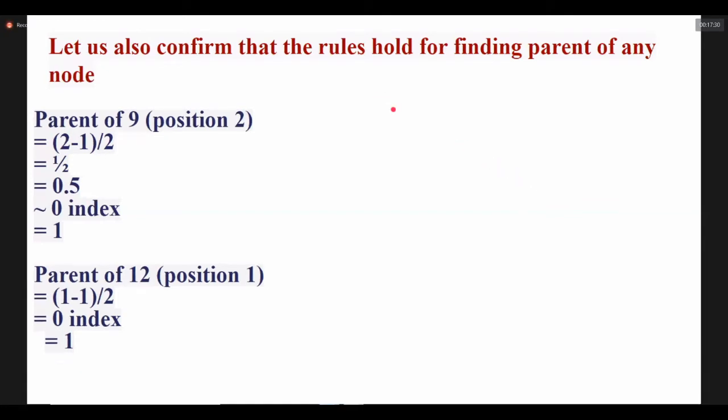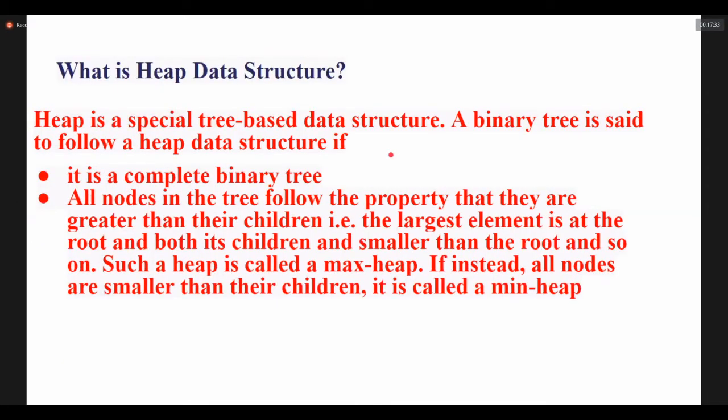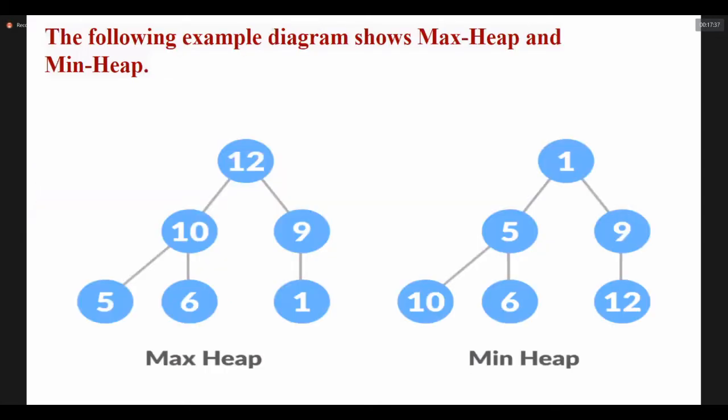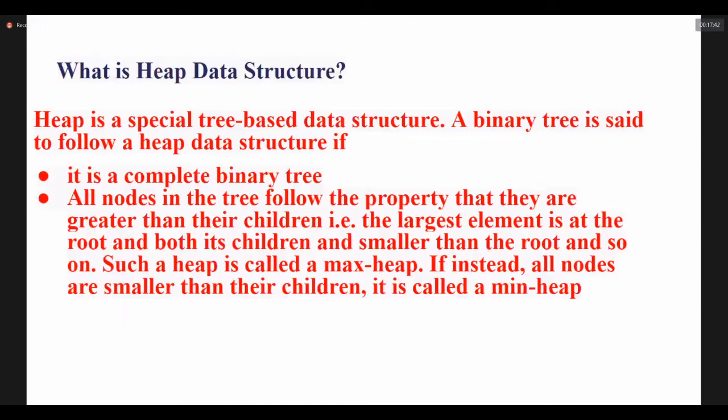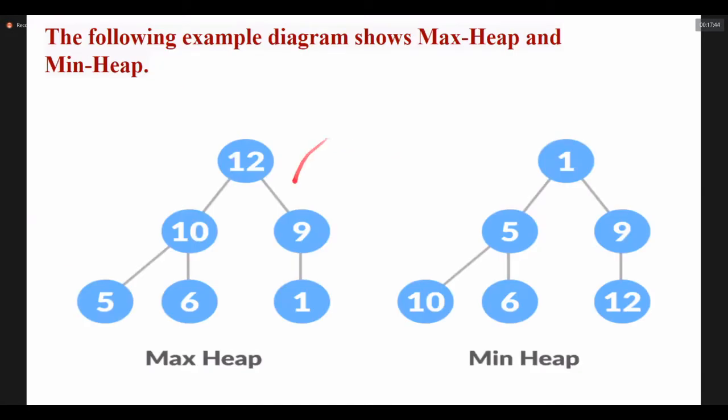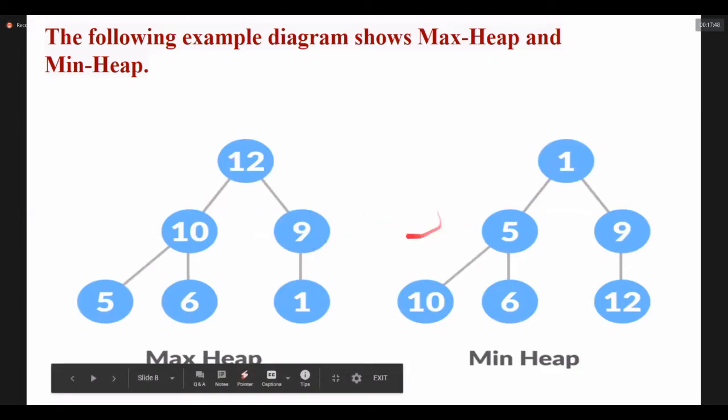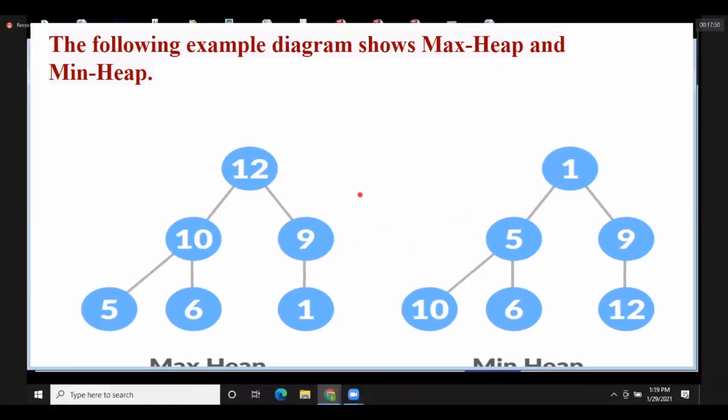Now, see the heap data structure. A heap data structure means it is a complete binary tree. Okay, this is a complete binary tree. Here is one example of a complete binary tree.